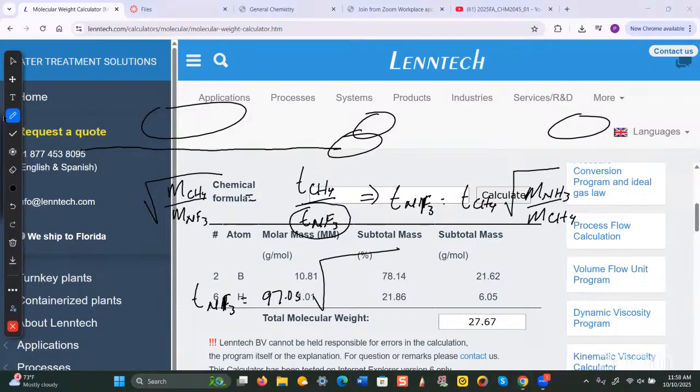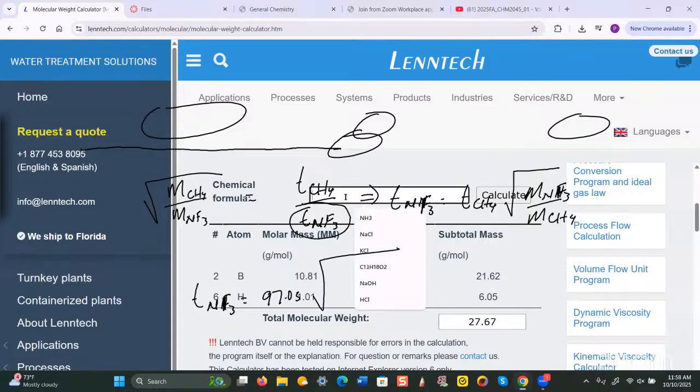Let me erase that. Anyway, this should be NF3. All right, so going back to here now, NF3. Calculate.